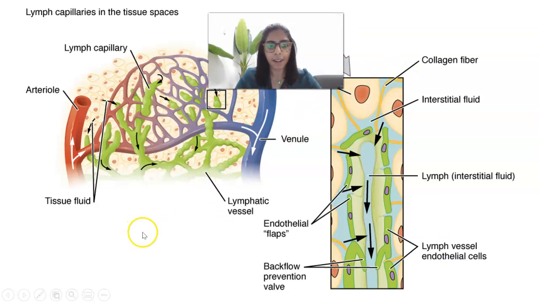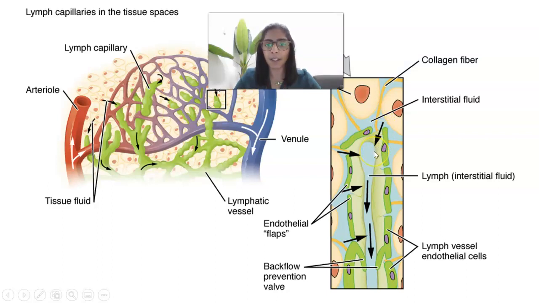If we look at this diagram here, again, it's just showing the arterial end of blood, the capillary bed, and the venular end. So just to summarize what's going on here, we have tissue fluid surrounding cells, and some of that interstitial fluid will be absorbed into the lymphatic system. These black arrows are showing that.